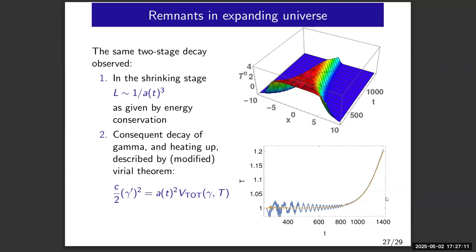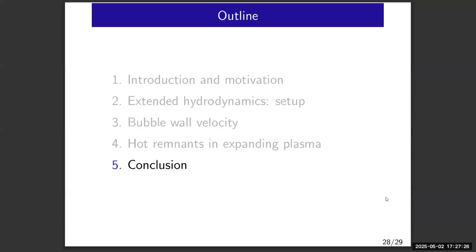And again, you can study the temperature in the middle of the blob with this blue curve here. And what is given by the virial theorem with our model is this orange curve, and it's again perfect. So this is everything I want to cover. So then I will go to the conclusion.